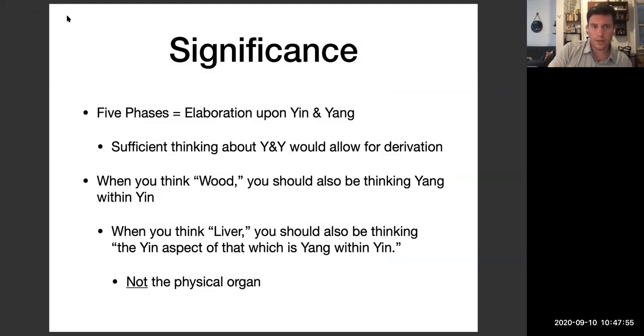Let's look at the significance of this. So the 5 phases, so okay, first off, you get taught this as 5 elements. 5 phases is a little bit of a better translation. I'm going to be using the 2 interchangeably in this class. We ended up with 5 elements because the people who were originally translating this material had knowledge of Greek medicine, and they thought to themselves, oh, this 5 thing looks a lot like the 4 elements we have within Greek philosophy and Greek medicine.